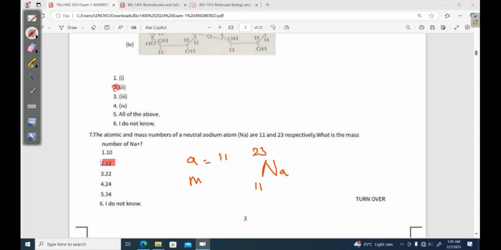So the atomic and mass numbers of the neutral atom are this and this. Then they're asking what's the mass number of sodium plus.